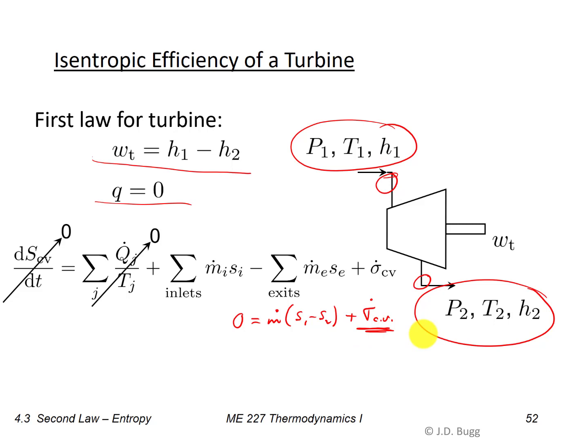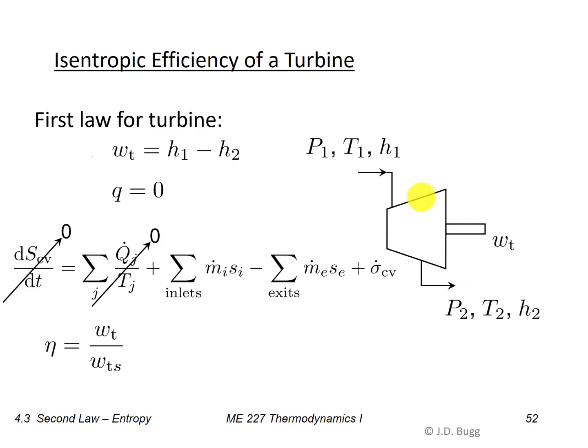Well, this brings us to the definition of the isentropic efficiency of a turbine. The isentropic efficiency of a turbine is defined as the work that it produces divided by the work it would have produced if it were isentropic. So there's some new notation here. Notice this extra subscript S on the turbine work.